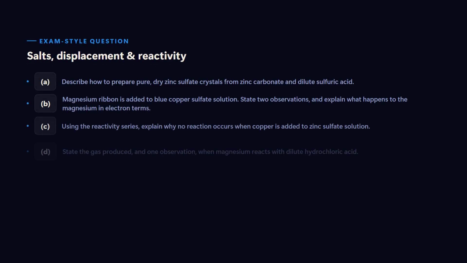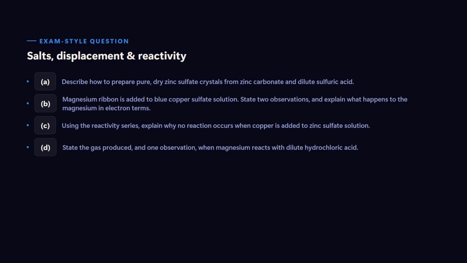Now, a full exam-style question, tying together everything in this lesson. Part A. Describe how you would prepare a pure, dry sample of zinc sulfate crystals, starting from zinc carbonate and dilute sulfuric acid. Part B. Magnesium ribbon is added to blue copper sulfate solution.